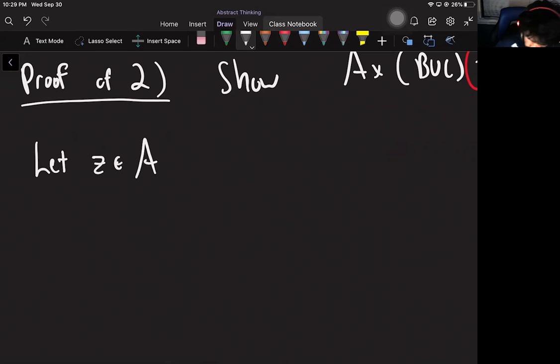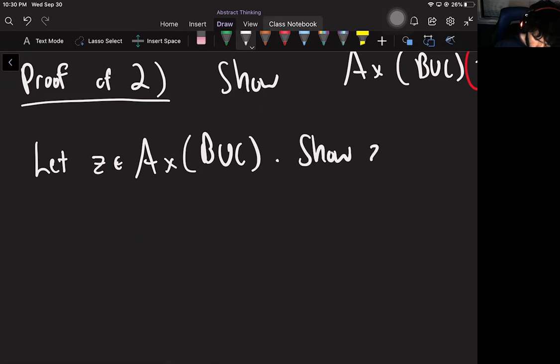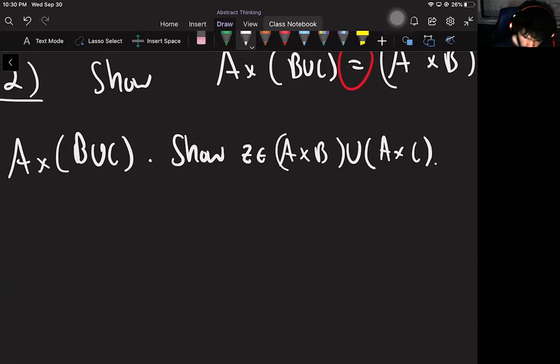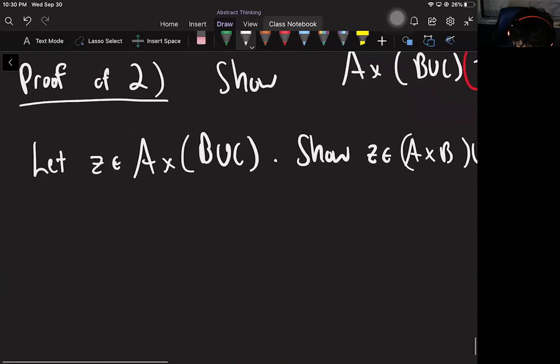I'm going to call it Z this time because I don't want to use X, and I'll see why in a second. So I'll let Z be in this one and show it's in the other one as a result, right? That's the idea, to show that one is a subset of the other, and then we'll do vice versa.